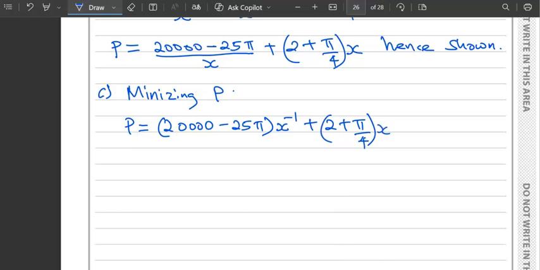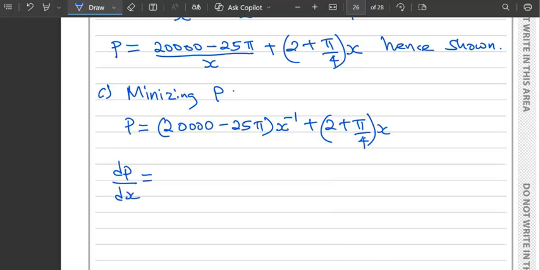Now what we can first get here, we know that at the minimum point definitely the derivative is 0, so I will want us to get the derivative dp with respect to x, so we'll have dp/dx.